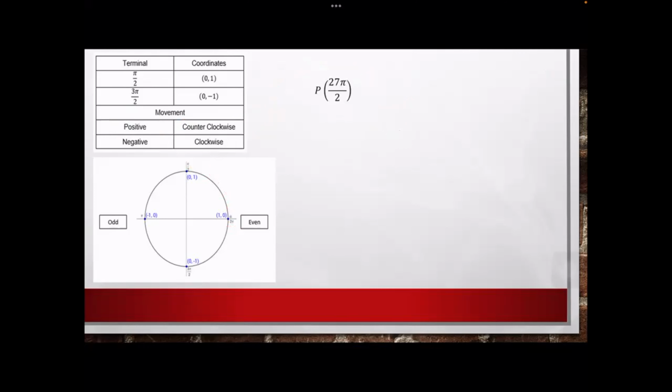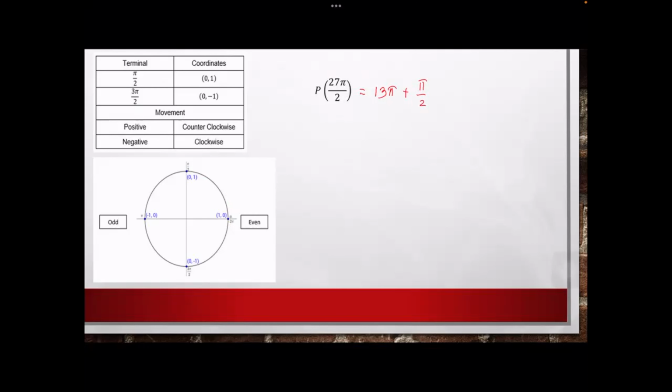Let's move. Next, we have here 27 pi over 2. If we're going to divide 27 divided by 2, what will be the answer? Anyone? 13.5 po. 13.5. So, magkakaroon tayo dito ng 13 pi plus pi over 2. Ayan.